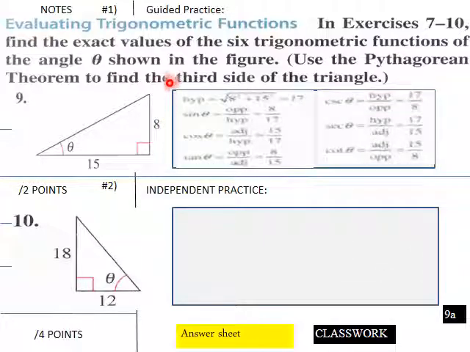For our inverse functions, the cosecant would be hyp over op, so 17 over 8. Secant would be hyp over adjacent, 17 over 15. And then for cotan, it would be adjacent over opposite, 15 over 8.